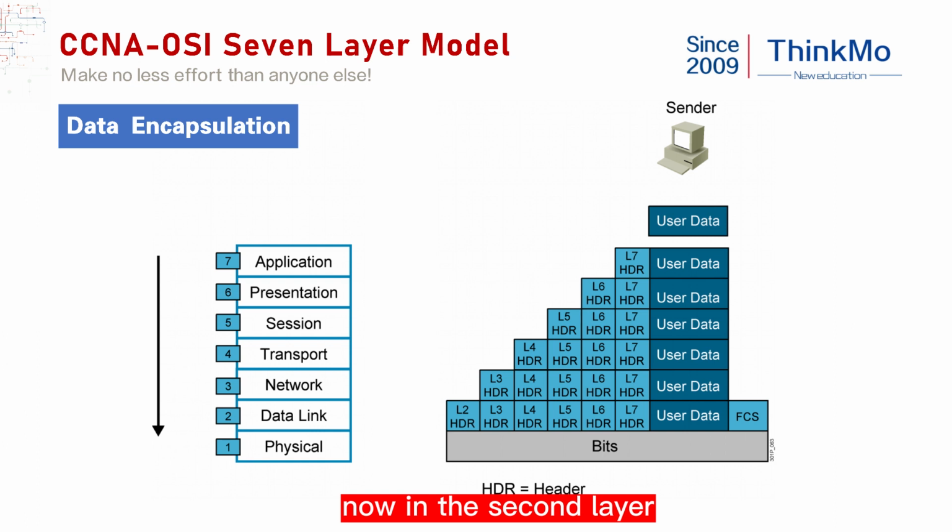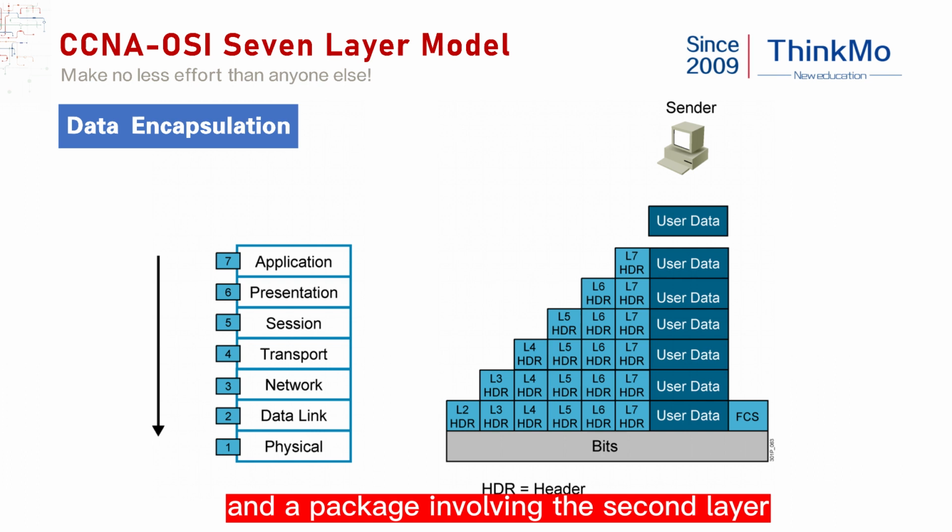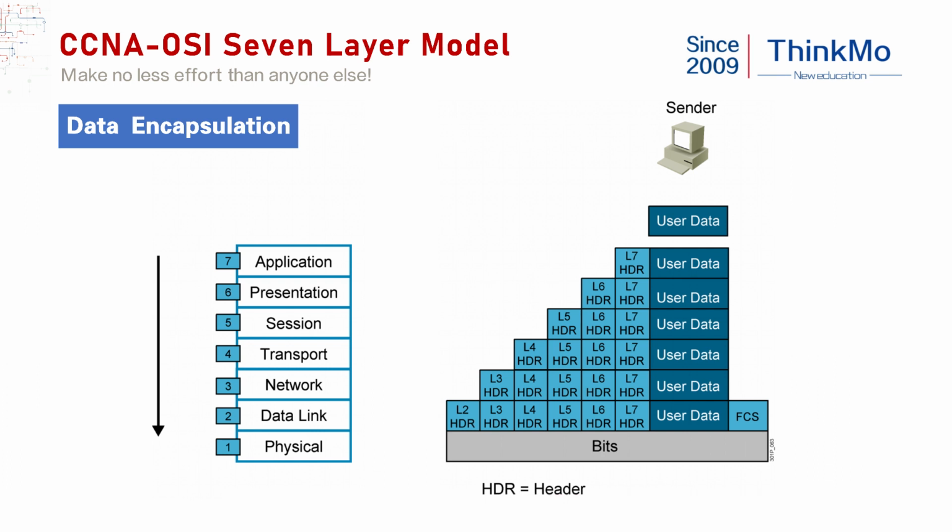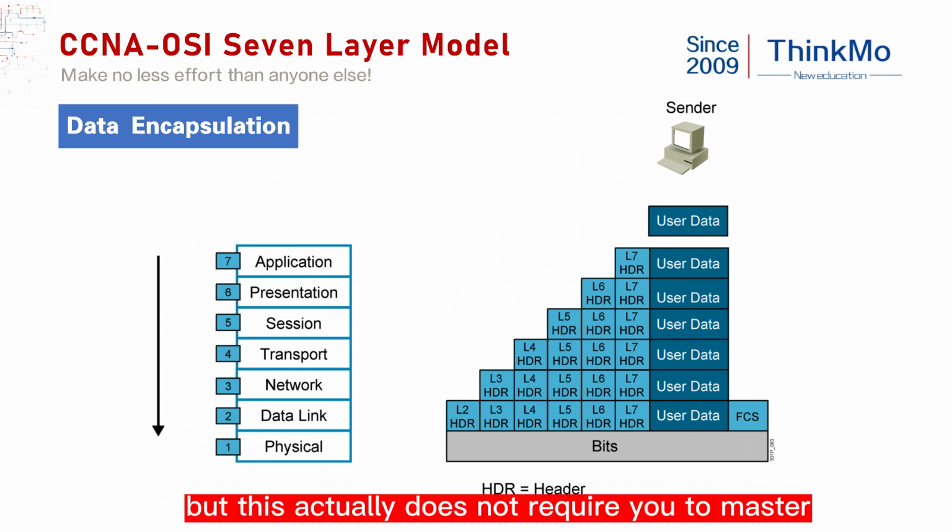In the second layer, the more standard one we are using now is the Ethernet II frame. If you use it, our final data size is 1518. I'll tell you all in a while. We will refer to an MTU value and a packet involving the second layer. It's a length, but this actually does not require you to master.